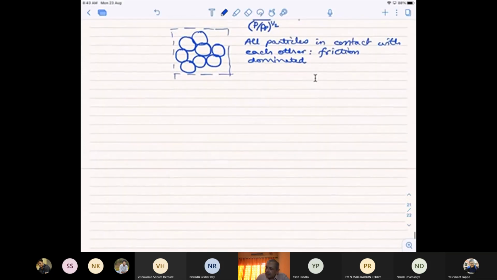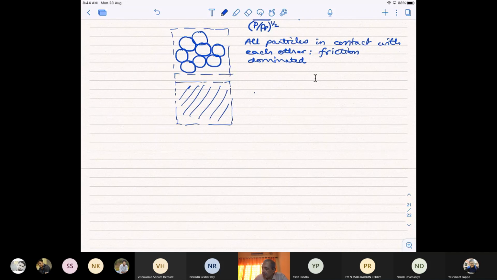And we are not really interested in this particulate picture. As always, we would like to consider a continuum. That means we have a very large number of particles, and this essentially looks like a uniform solid or a continuum.